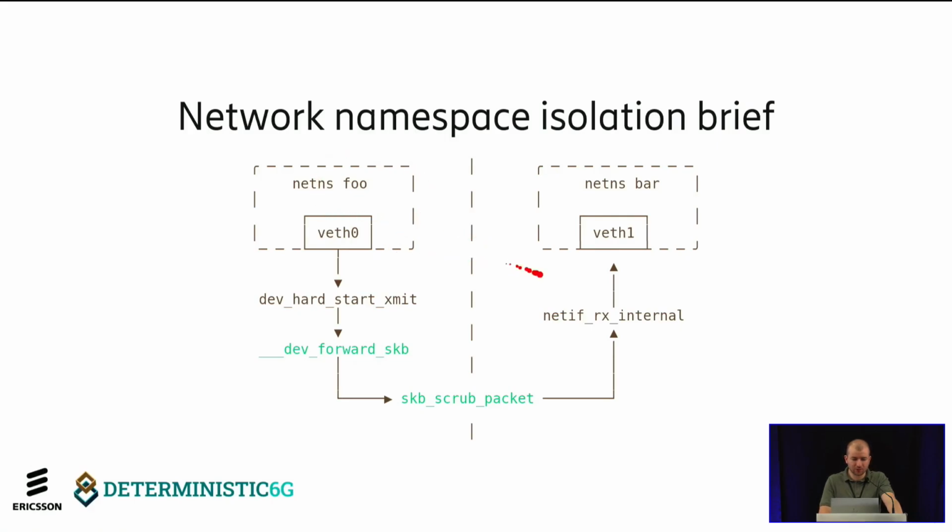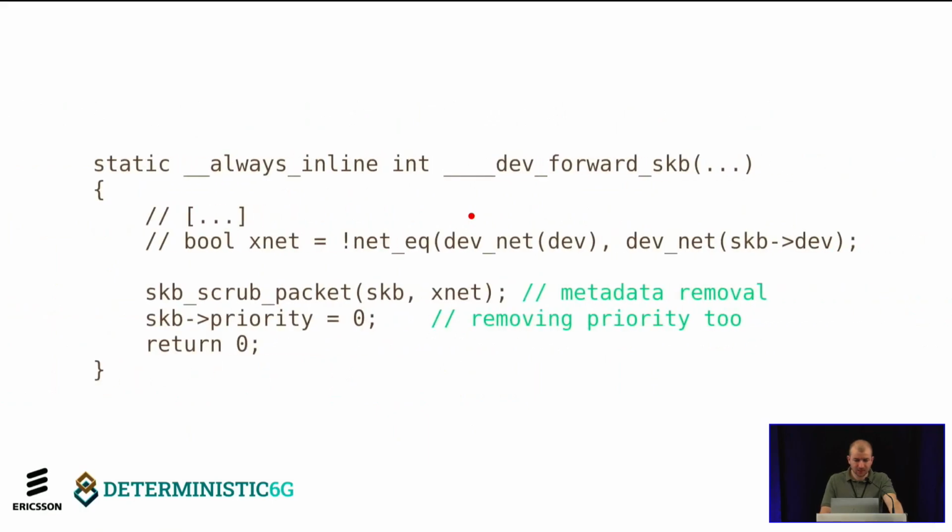So here are two veth interfaces, and here's the network namespace boundary. In dev_forward_skb, again, it's a simplified version, but if there is a network namespace crossing during the forwarding, we call the scrub packet, which removes the metadata from the SKB.